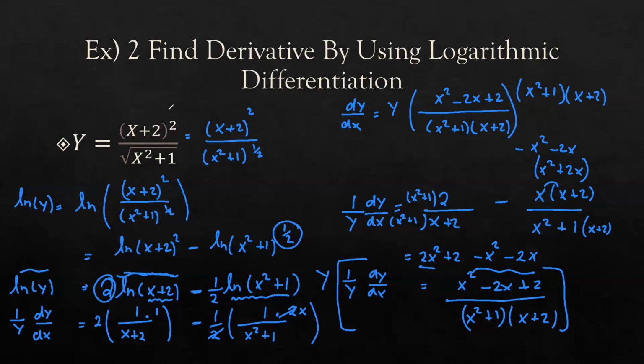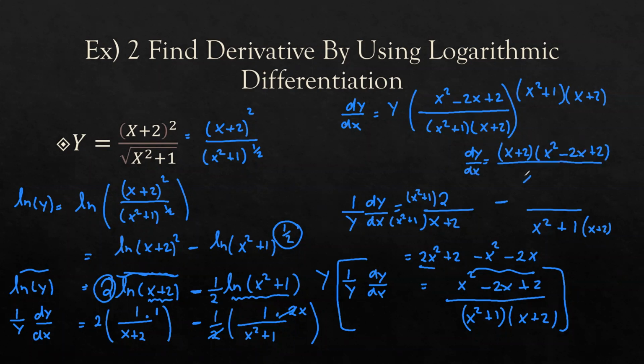So when you finally do that, when you collect like terms, you're going to get, I gotta erase this. Your final answer is going to be dy/dx equals x plus 2 times x squared minus 2x plus 2 over x squared plus 1 raised to 3/2. And that is your final answer.